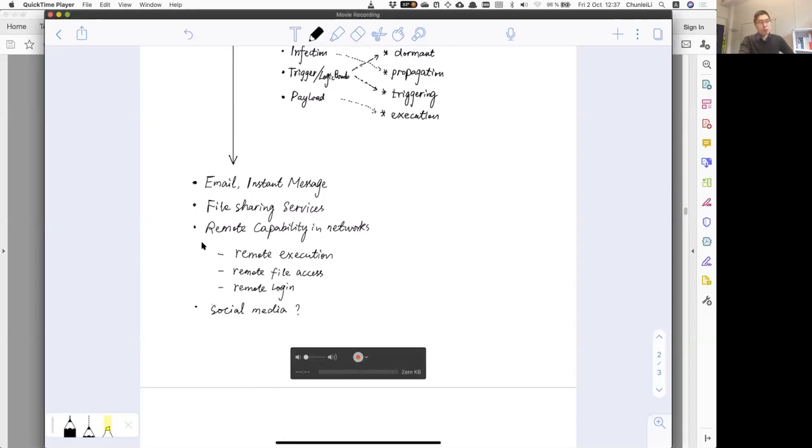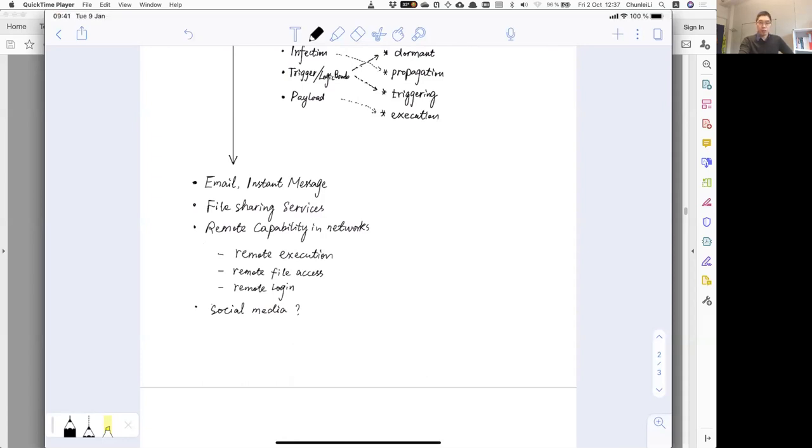Also, because at that time computers were connected to the network, it's quite often that some computer wants to log into other computers to do some work. In this process, most servers provide remote login functionality, remote file access, and sometimes remote execution functionality at the server side.